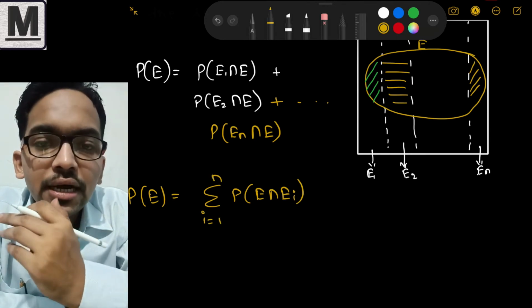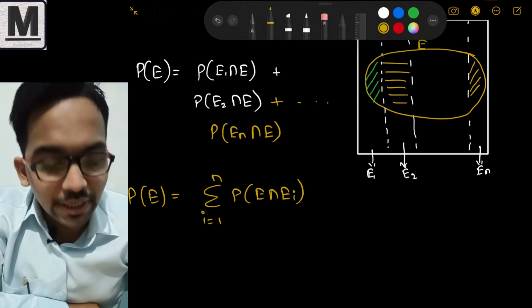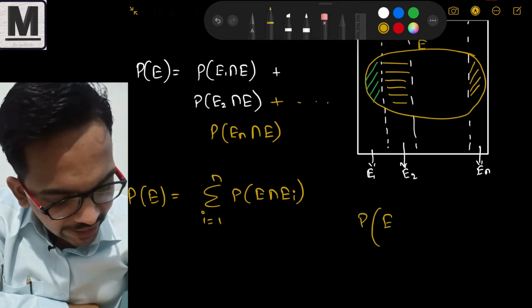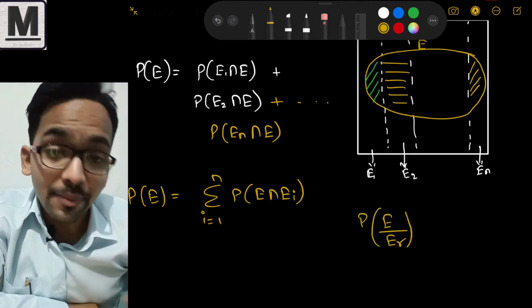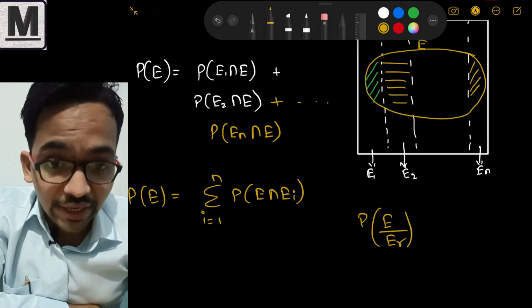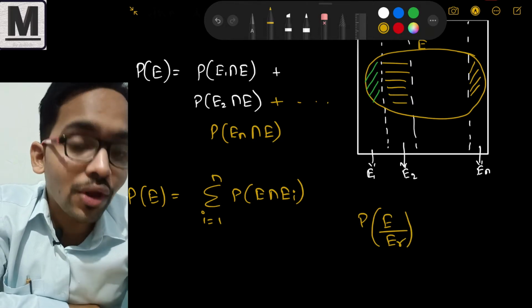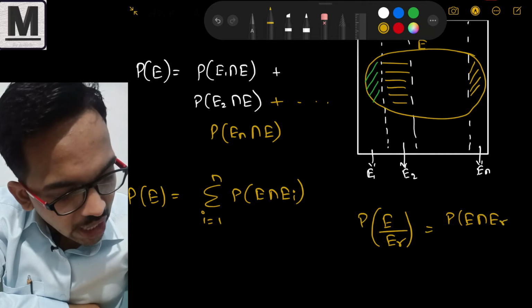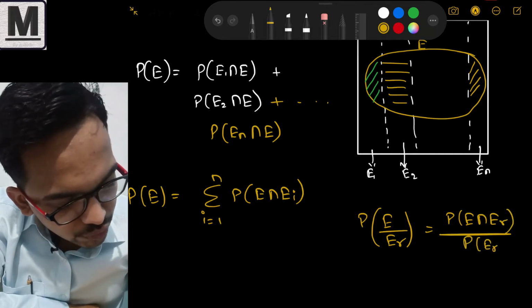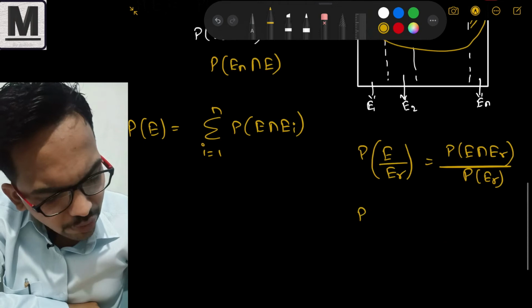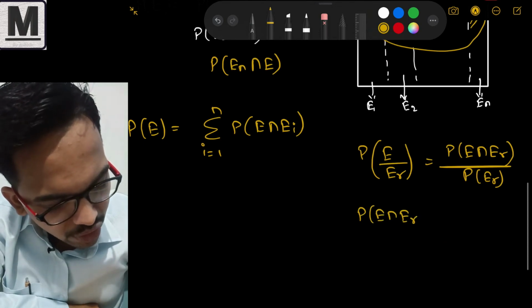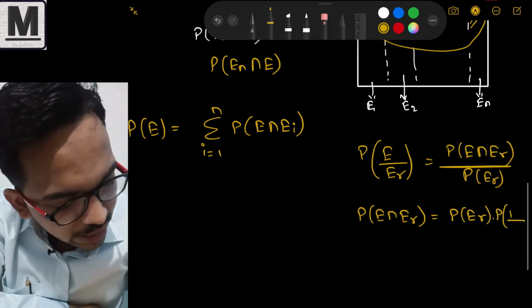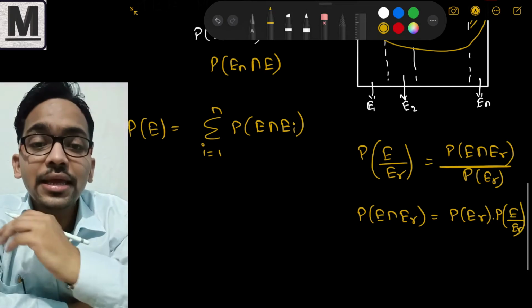You must know the conditional probability: the probability of occurrence of event E when Ei has already happened is the probability of E intersection Ei upon the probability of Ei. So we can write that the probability of E intersection Ei equals the probability of Ei into the probability of occurrence of E given that Ei has already happened.